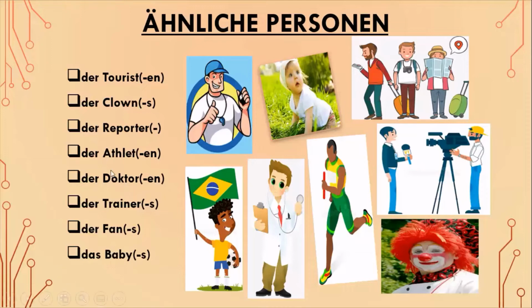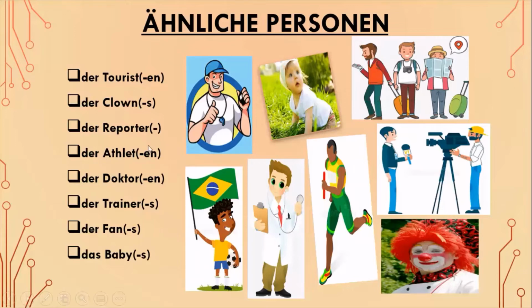Then we have the athlete. Now, in German, this word is written without an E at the end, and the male athlete is der Athlet. Many athletes, die Athleten.